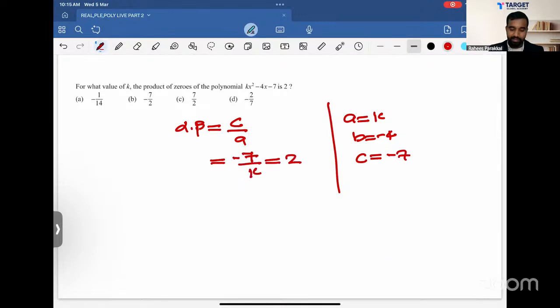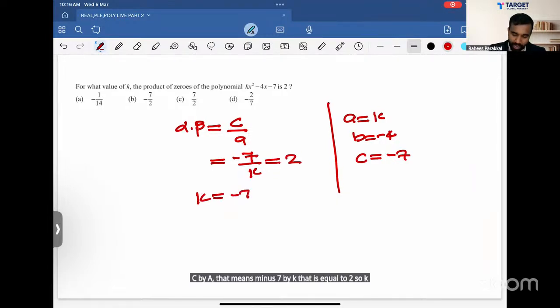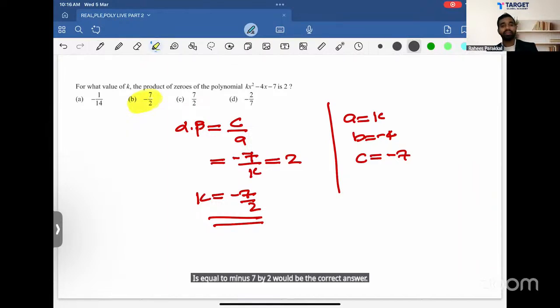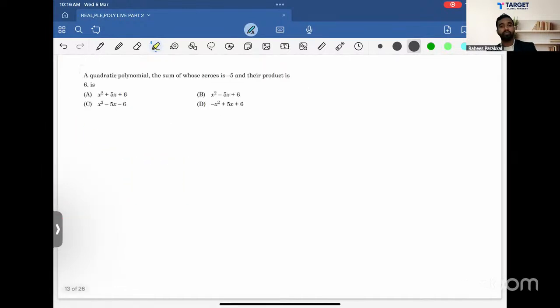C by a means minus 7 by k, that is equal to 2. So k is equal to minus 7 by 2 would be the correct answer. Very important.